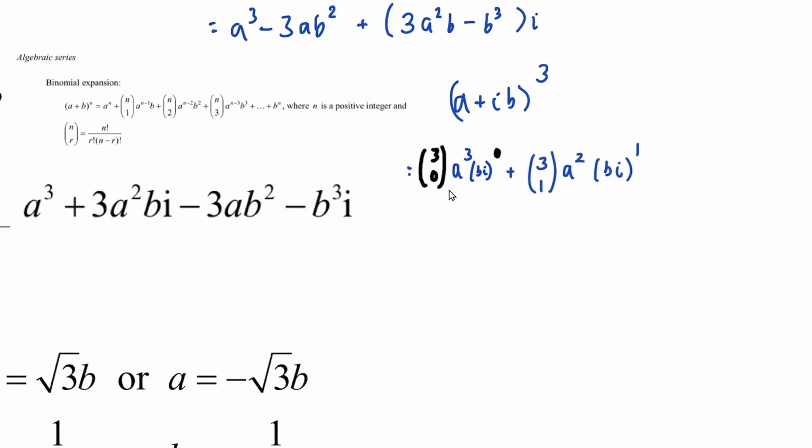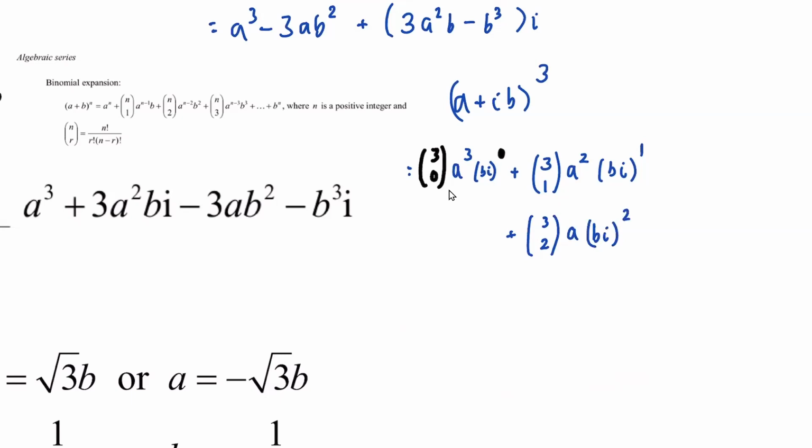Oops, thank you. Okay. Then you continue, next one. Plus 3 choose 2, then a, then (bi) squared, exactly. Good. Then 3 choose 3, then it's just (bi) cubed. Or a power 0 to follow the pattern.